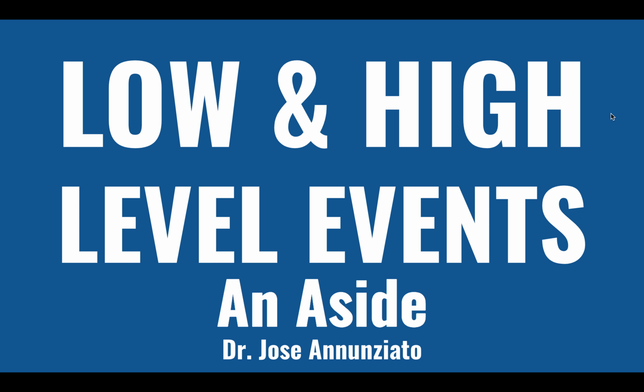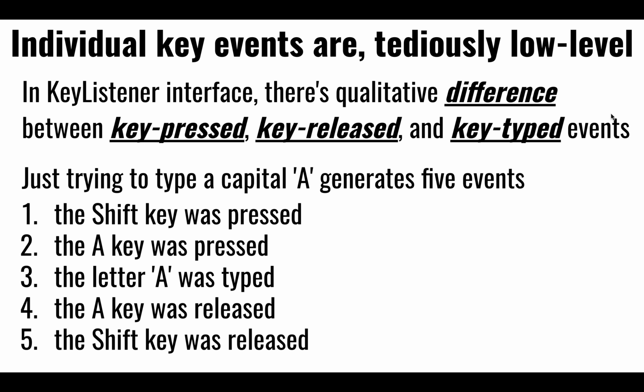So let's talk about what we mean by low and high events. When we think about pressing a key, there's a lot of things that are happening, right? Just imagine typing the capital A. Well, that means the shift. Now you have to include a combination of keystrokes, right?